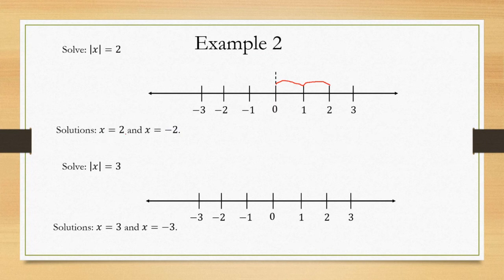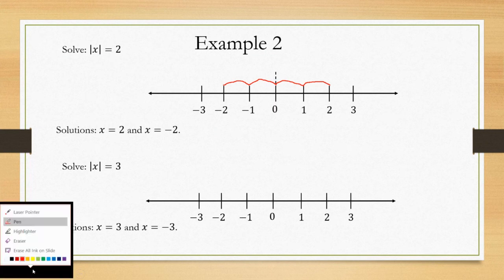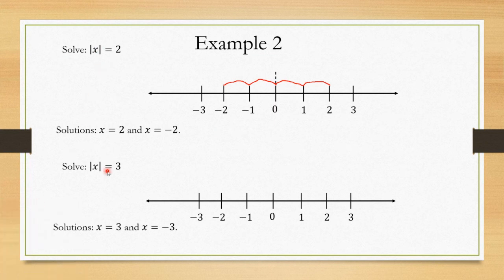So 2 is a solution. But what about the other direction? Here, we go 1 unit to the left, another unit to the left. Now we're 2 units away, at -2. So there are 2 solutions to this equation, 2 and -2.